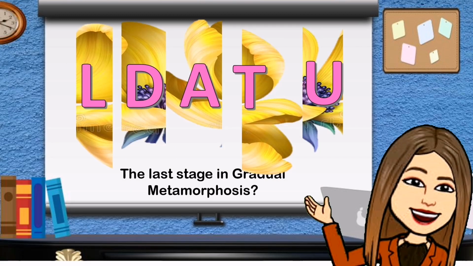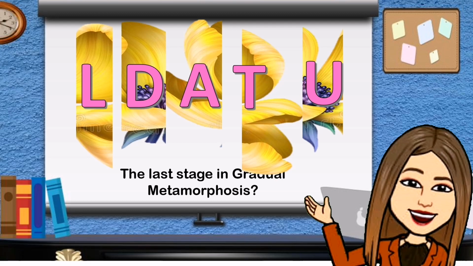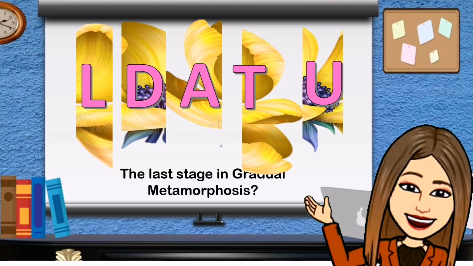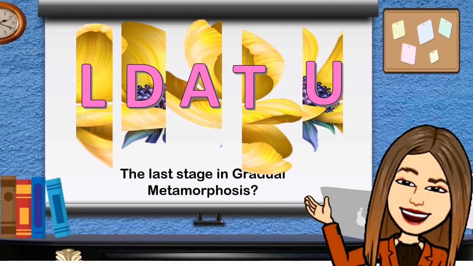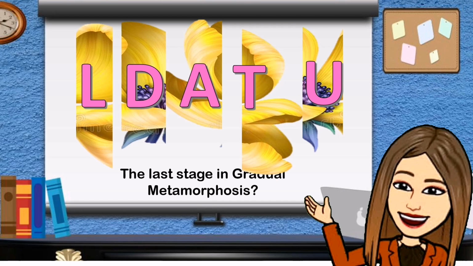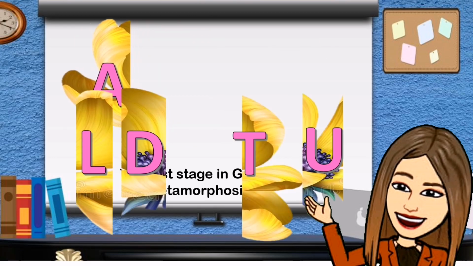Number 3, the last stage in gradual metamorphosis is... Fix the jumbled letters for 10 seconds. The correct answer is adult.